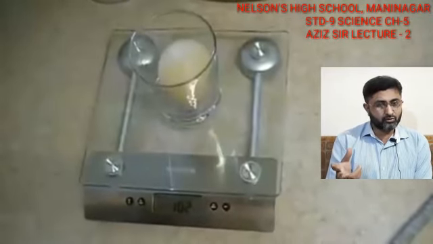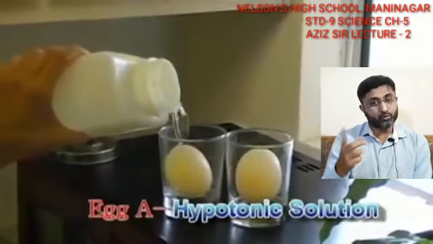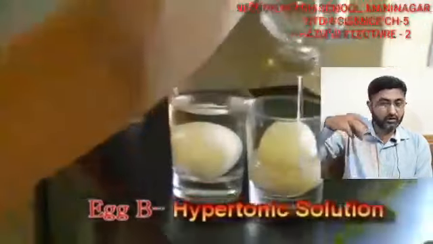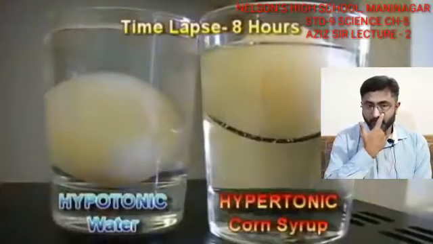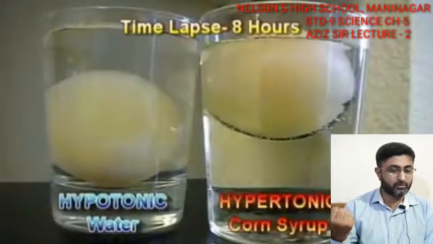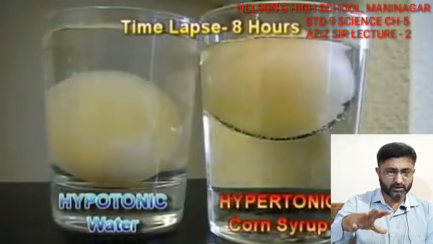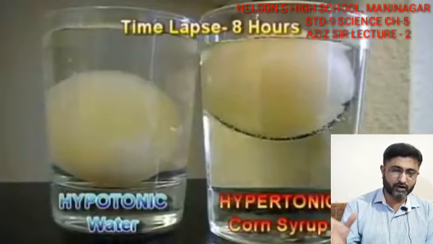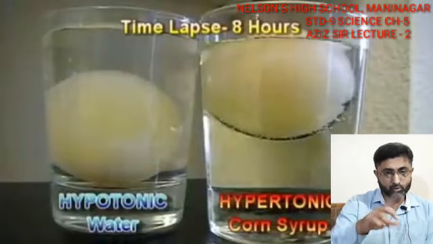So what we are going to do further is make one hypertonic solution and one hypotonic solution. That means one with more water and one with less water. One egg we are putting in water, and the second egg we are putting in a hypertonic solution, made of salt, or maybe a dilute acid such as hydrochloric acid. We can't take much concentrated acid, so a dilute hydrochloric acid or a salt solution. We will see both cases.